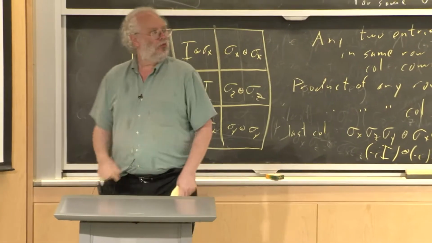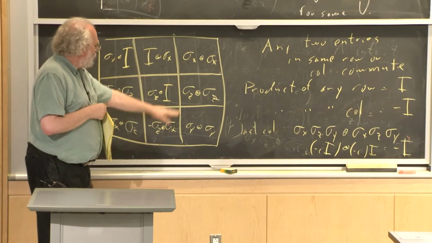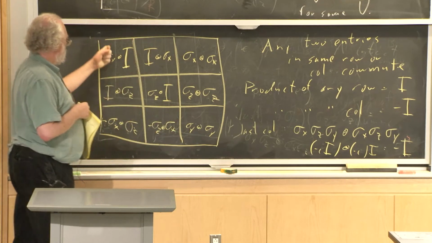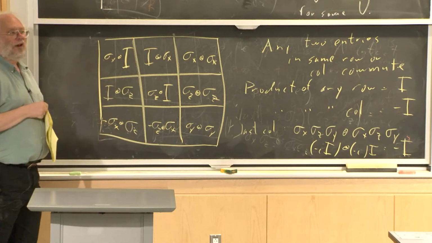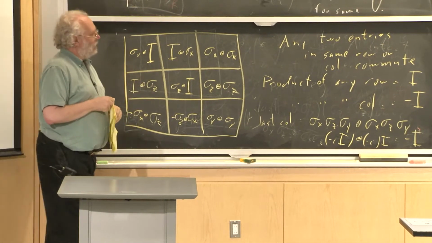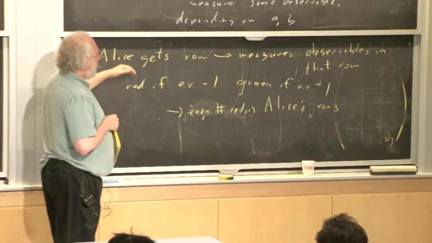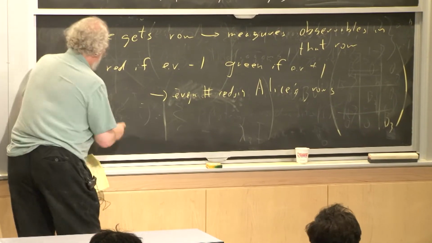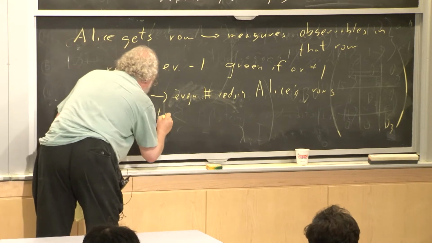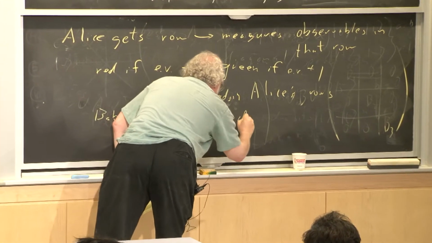But Bob's columns all multiply to -I, which means you get an odd number of reds in each column when Bob measures these. So Bob gets an odd number of reds.